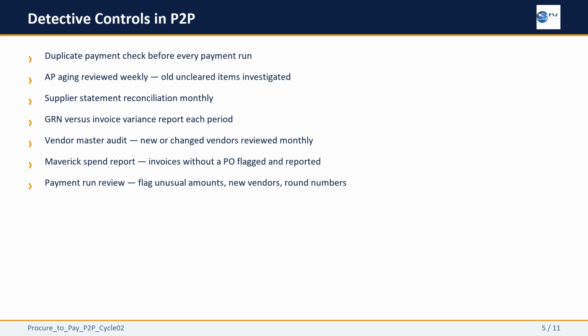The monthly vendor master audit reviews every new or changed vendor entry for legitimacy. The Maverick spend report tracks invoices that arrived without a PO, and the payment run review actively looks for unusual patterns, round numbers, new vendors, amounts that do not fit prior patterns. Together, these controls detect what prevention misses.